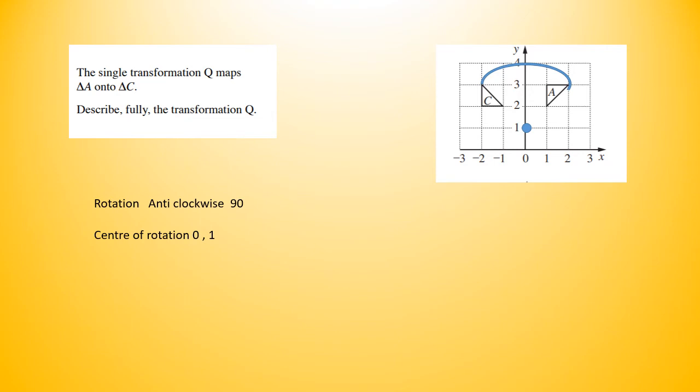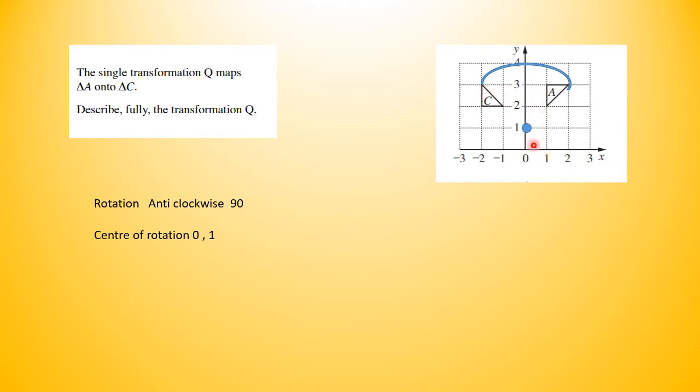Now look at this. You have to use some tracing paper to do this. You can mark (0, 1) as the center of the rotation, trace A onto a tracing paper, hold the tracing paper at (0, 1) and move 90 degrees anti-clockwise. At that time, you will get the image C.